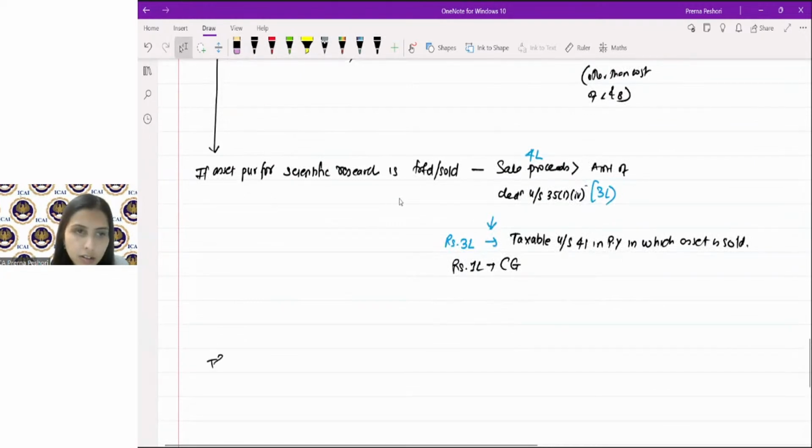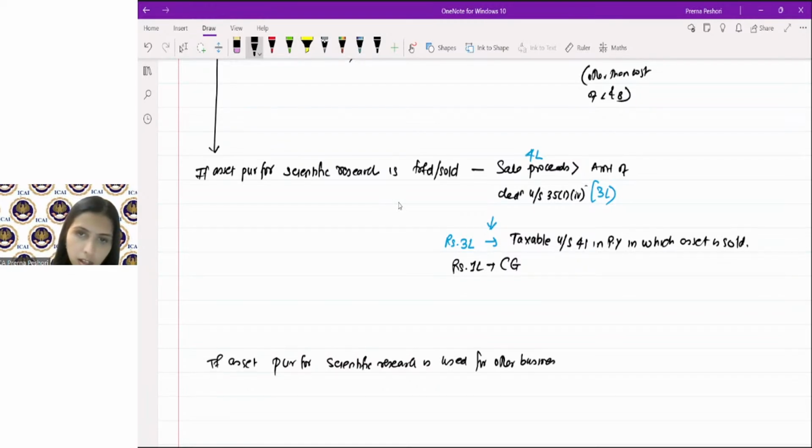And if the asset purchased for scientific research is now used for other business, right? Where the asset is used for the purposes of the other business, then the actual cost of the asset under section 43(1), if you remember we had done that, will be nil.